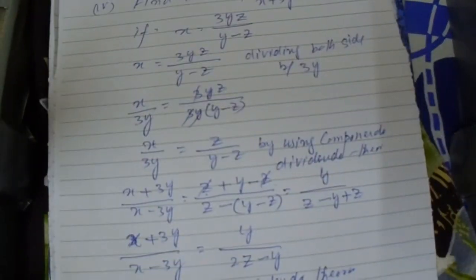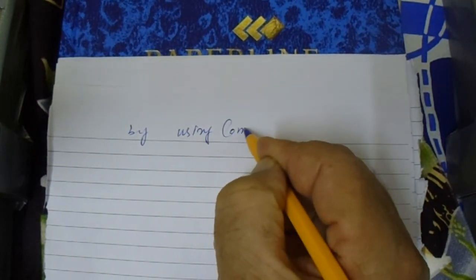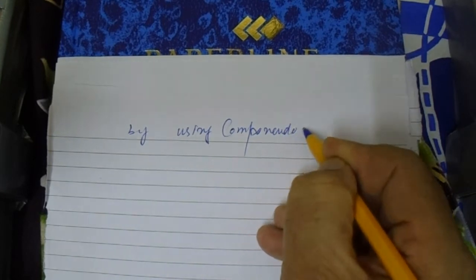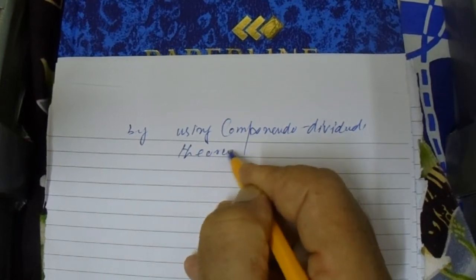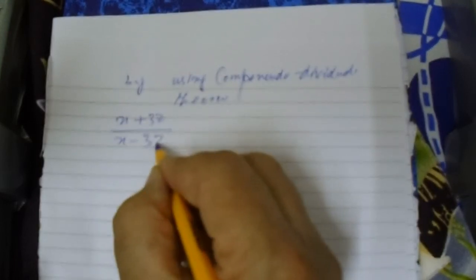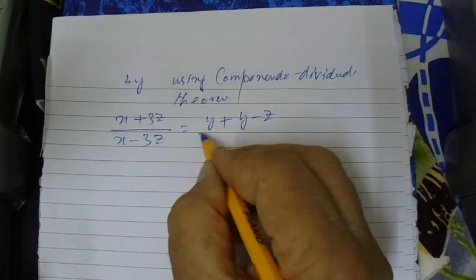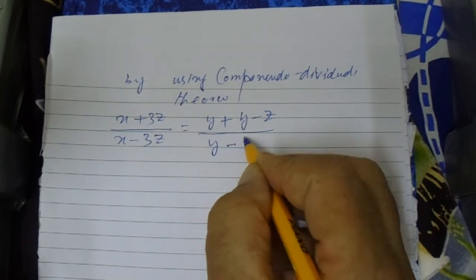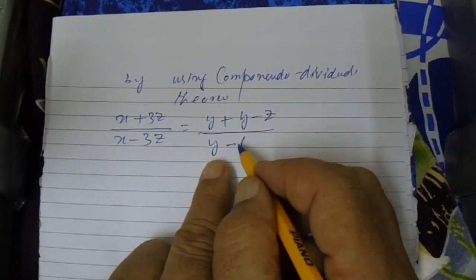Now again by using componendo dividendo theorem, we write x plus 3z over x minus 3z is equal to y plus y minus z over y minus into y minus z.